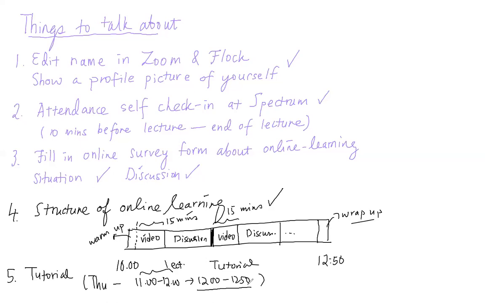But I'm not very sure about how to get students to participate in the tutorial. Because it looks like it's very hard. I cannot assume that you have any kind of instruments to actually write online.